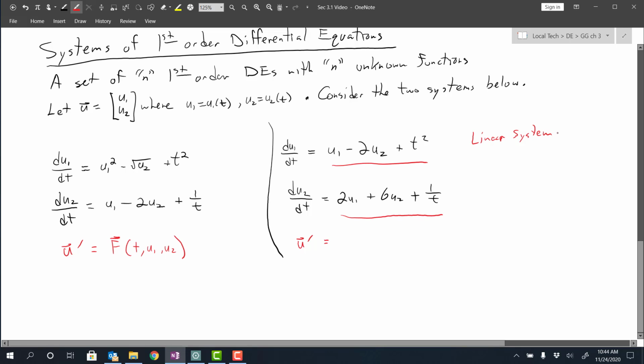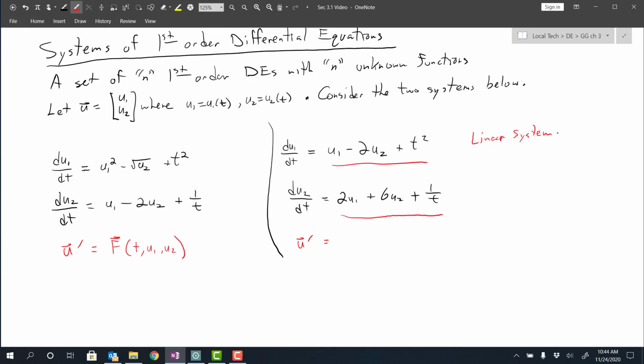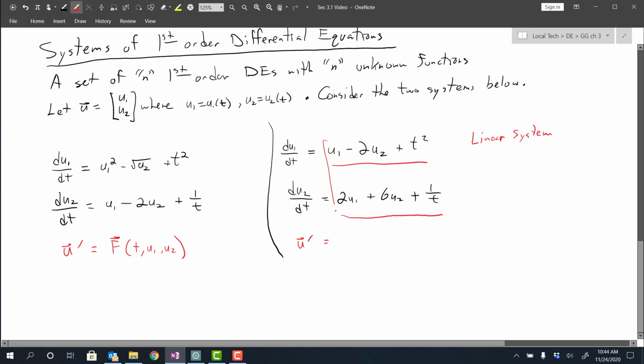If I have a linear system, I can simplify the expression by looking at the content that has my dependent variables, and I should be able to rewrite that as a matrix times my vector u. So I'm going to have a matrix where I pull the coefficients of those dependent variables, times the vector u.